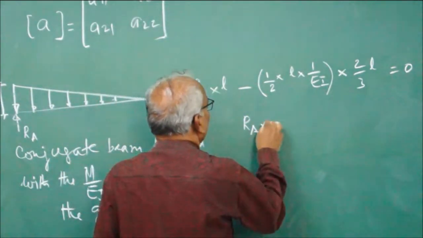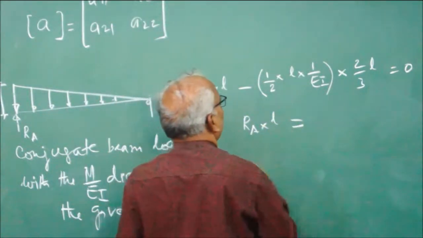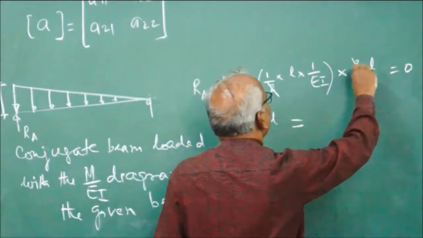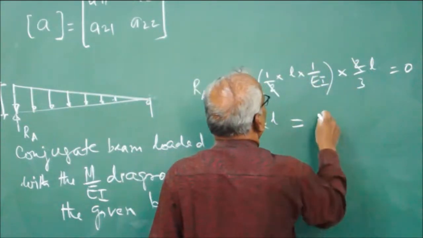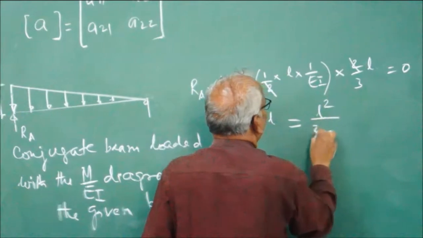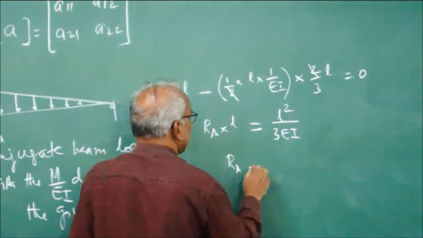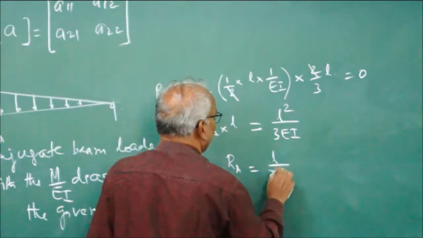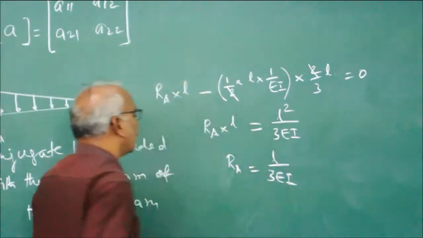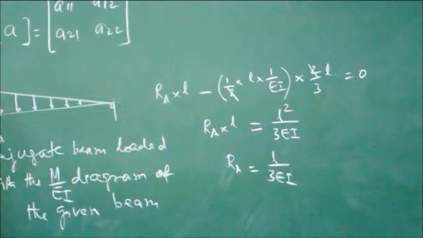So RA into L is equal to L square by EA, and cancelling L, RA equals L by 3A.